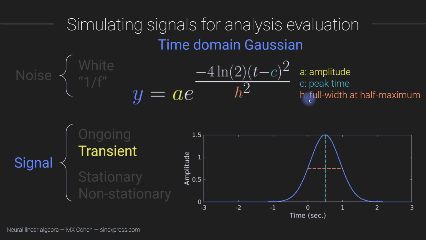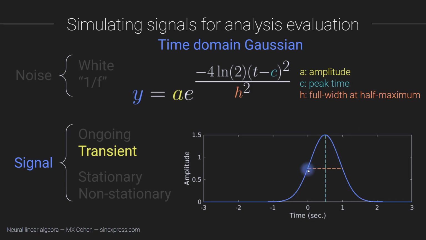And then we have this parameter h here, which is called the full width at half maximum. And the full width at half maximum describes the width or the shape of this Gaussian. So that is quantified by finding the amplitude at 1/2 of the distance between the base and the peak here. So this is 50% of the gain, or the half maximum.